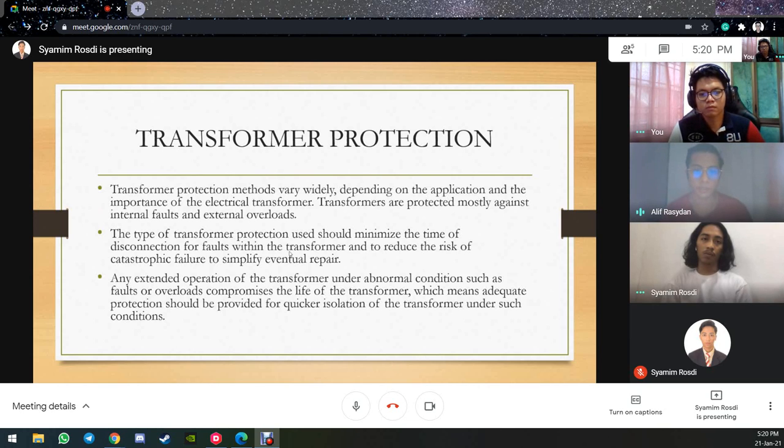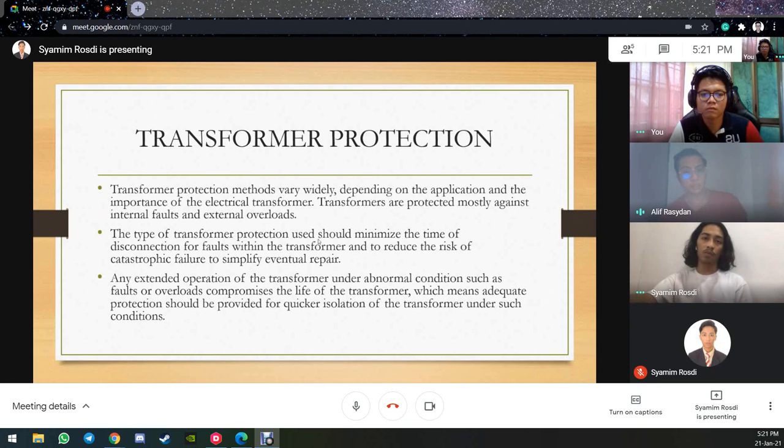Extended operation of the transformer under abnormal conditions such as fault and overload compromises the life of the transformer, which means equal protection should be provided for quicker isolation of the transformer under such conditions.